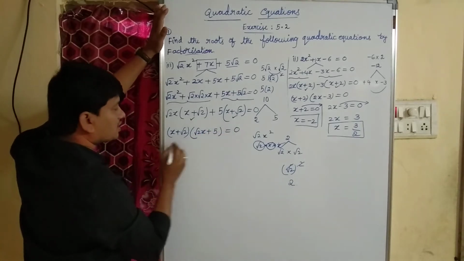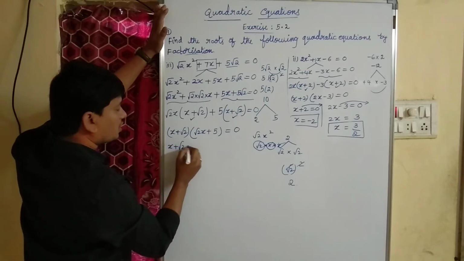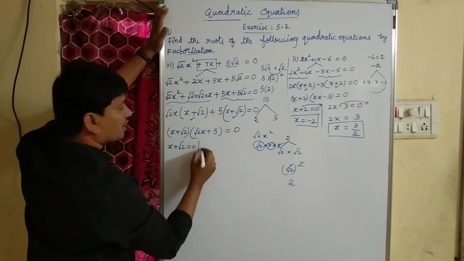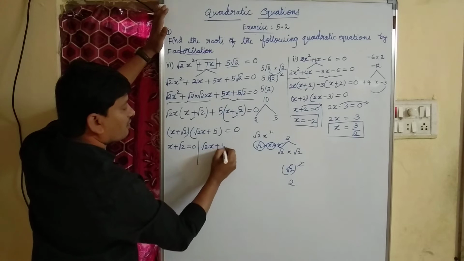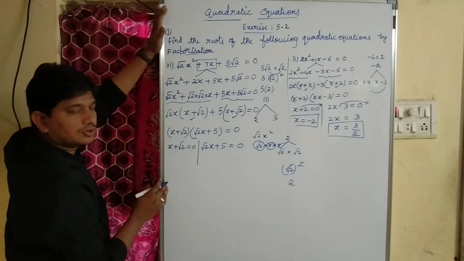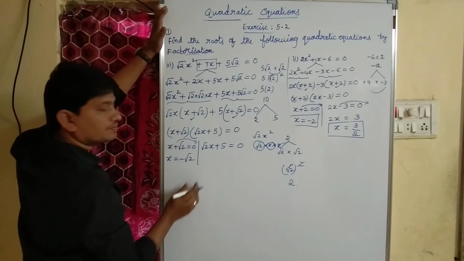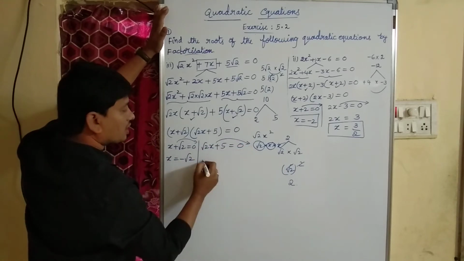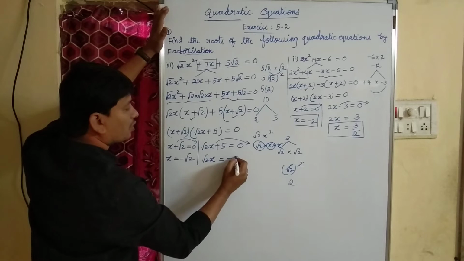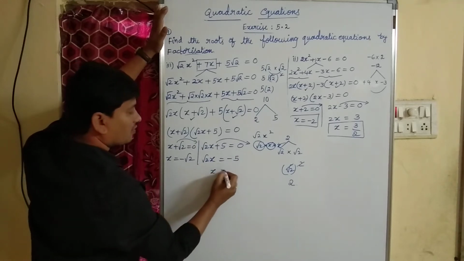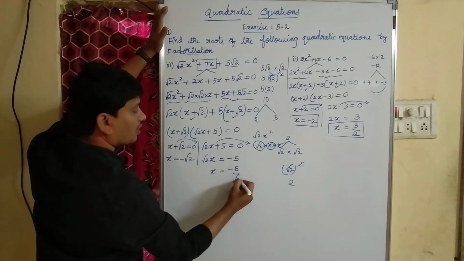So one thing is x + root 2 = 0. The other thing is root 2x + 5 = 0. So plus root 2 you transpose, you will get x = -root 2. Plus 5 you transpose, you will get root 2x = -5, so x = -5/root 2.